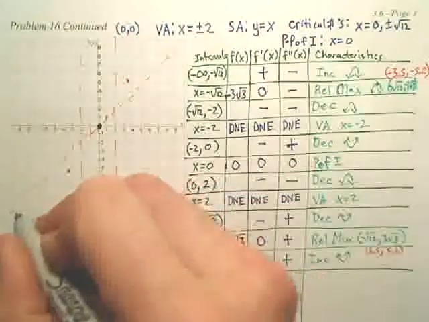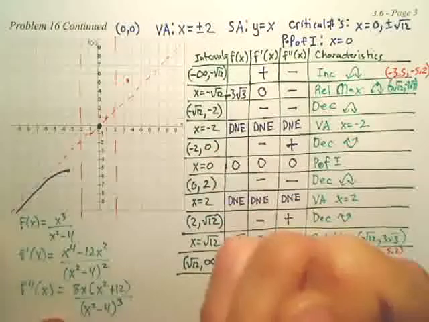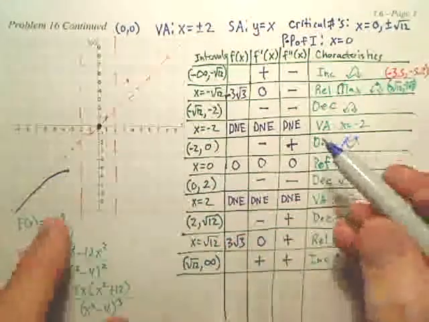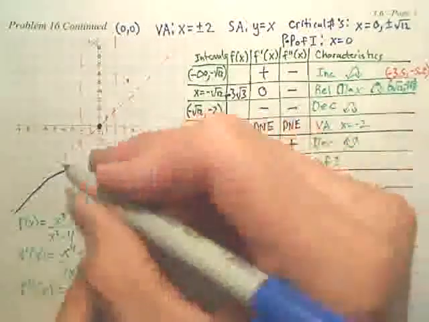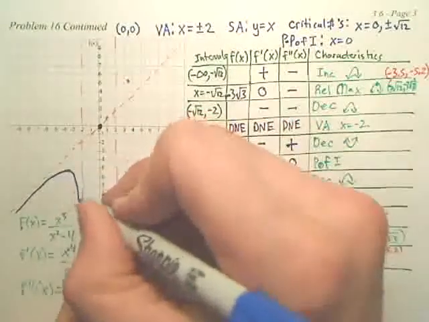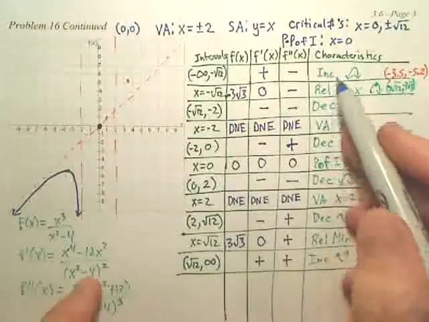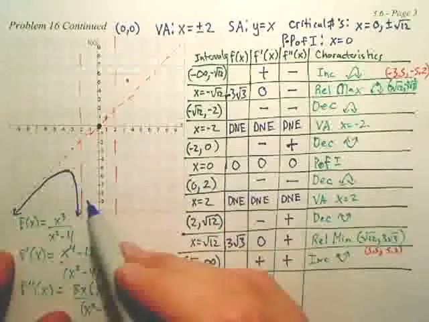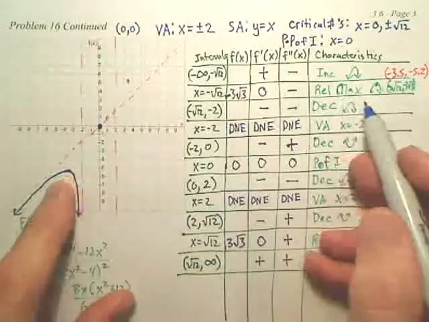So doesn't that mean it's probably going to do that? And then from the red dot to the orange line, isn't it decreasing and concave down? So can you imagine it looking like this? Does that follow my information? Is it also a relative max like it said?